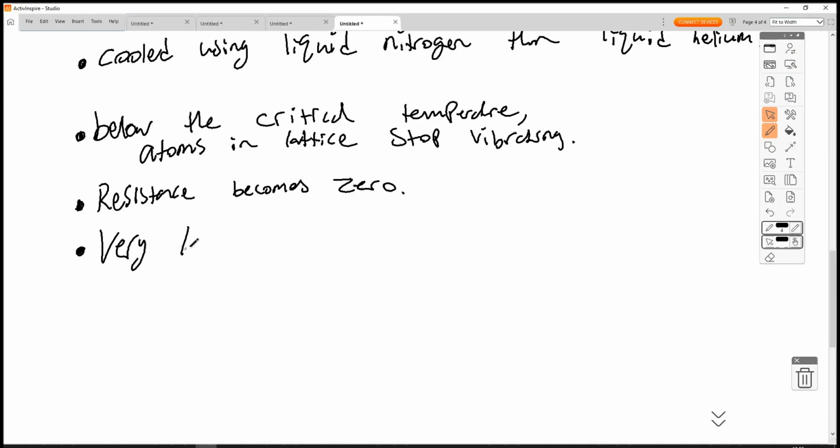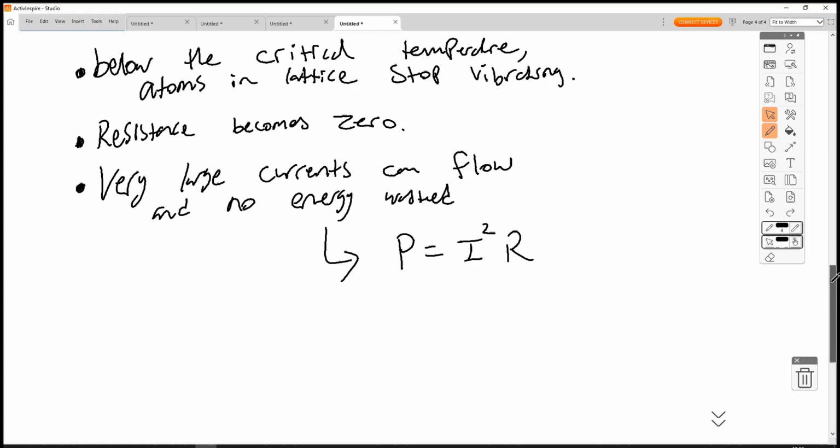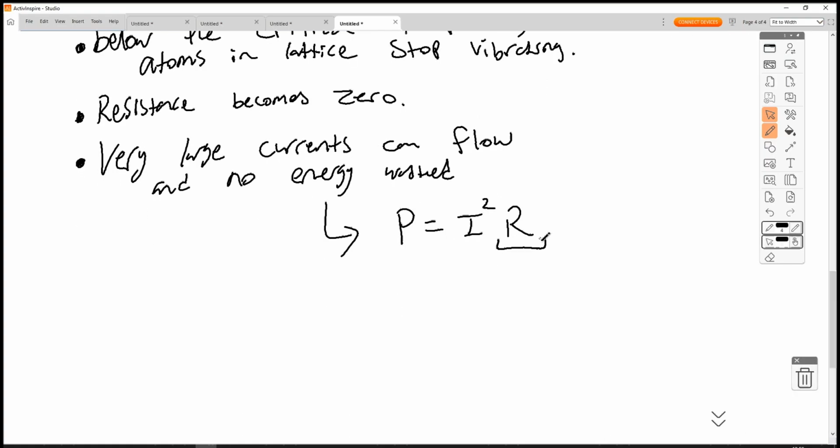And so very large currents can flow and no energy wasted. So what we mean by that is if we put one of the electrical equations in, if we've got P equals I squared R, if R equals 0, then P equals 0.